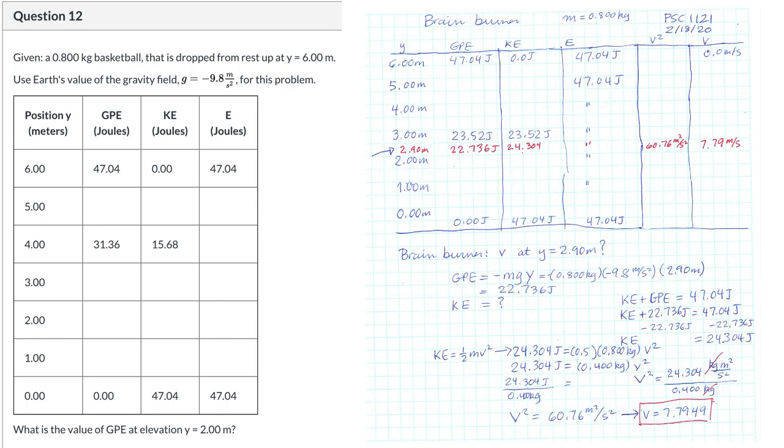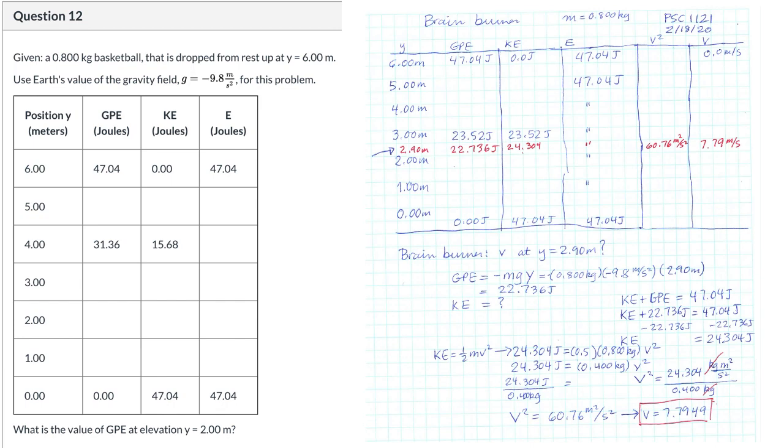All right? So let's do this calculation now. V squared equals, let me get my calculator back up. Okay, so I still have it, 24.304 divided by 0.400. Anybody verify me 23.904? Oh, I did? Oh, okay. So it should be 60.7.